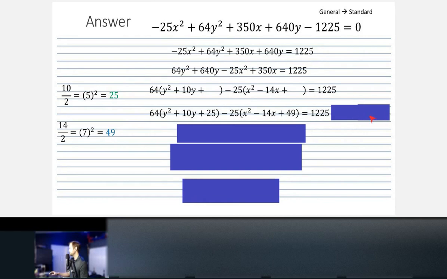Here and here. Plus 1600 and then minus 1225. Probably in that order too.